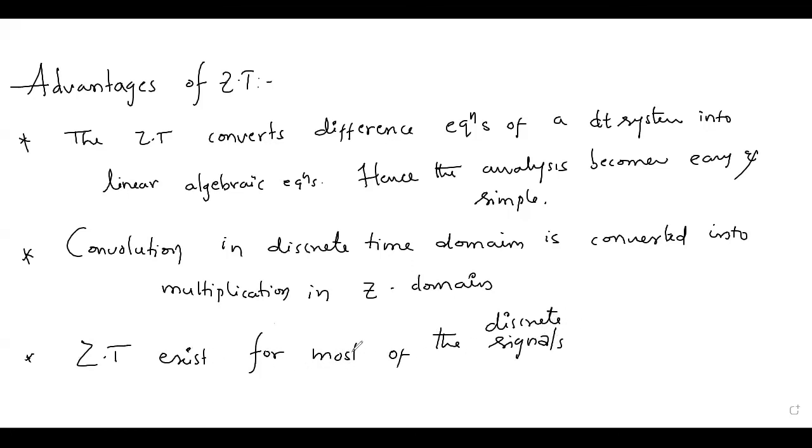Z transform exists for most of the discrete signals which are not having discrete time Fourier transform. In continuous time domain, if signals are not having Fourier transform, we use Laplace transform. Similarly, for discrete signals, if DTFT is not there, there is a chance of existence of Z transform.